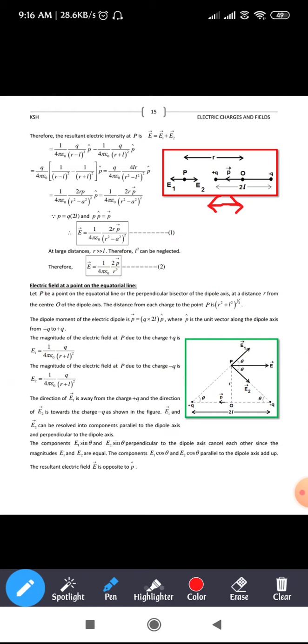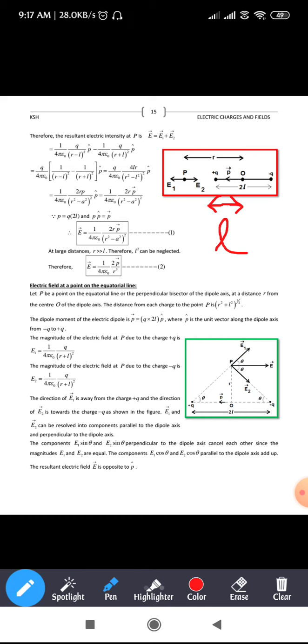So the distance between the positive and negative charge is 2l. Now the distance between the center of the dipole and the positive charge is equal to l, right? So how are we going to express the distance between the point P and the charge q? Obviously, it should be r minus l.